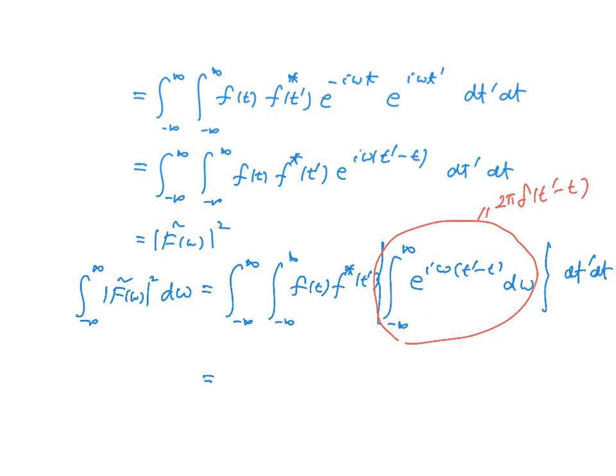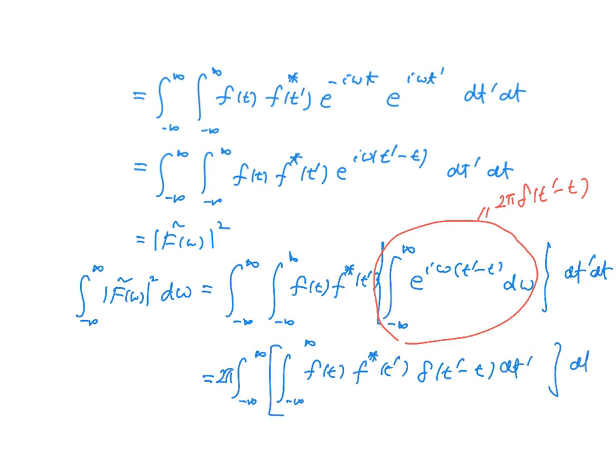So it becomes 2 pi f(t) f star (t prime) delta (t prime minus t) dt prime dt. So what happens if we integrate over t prime with f star (t prime) with delta? So it's nothing but 2 pi f(t) f complex conjugate (t) dt is 2 pi.